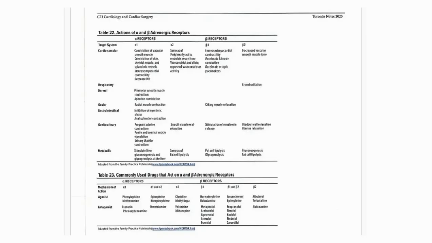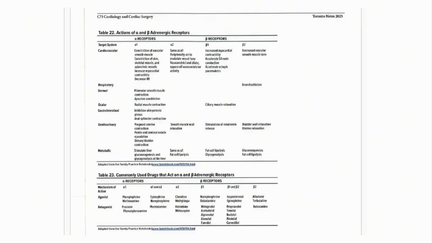First, increased myocardial contractility, which improves cardiac output. Second, accelerated SA node conduction, increasing heart rate. Third, enhanced AV node conduction and increased automaticity, which may accelerate ectopic pacemakers. Overall, beta-1 stimulation results in positive chronotropy, positive inotropy, and positive dromotropy.